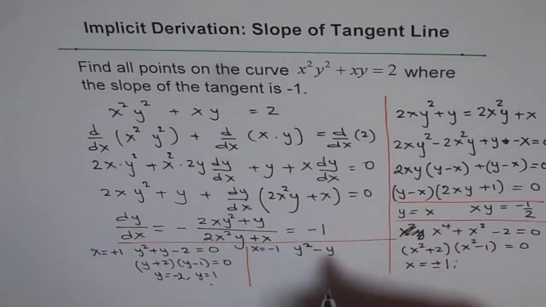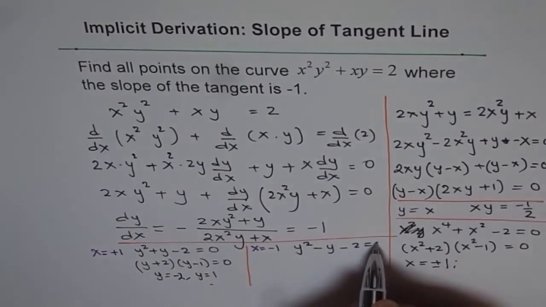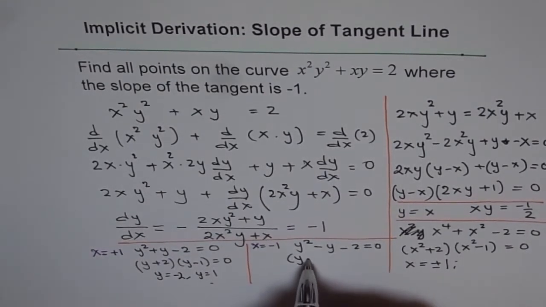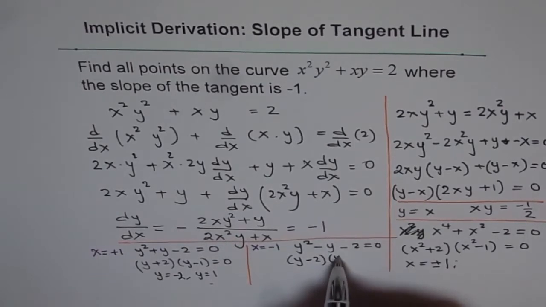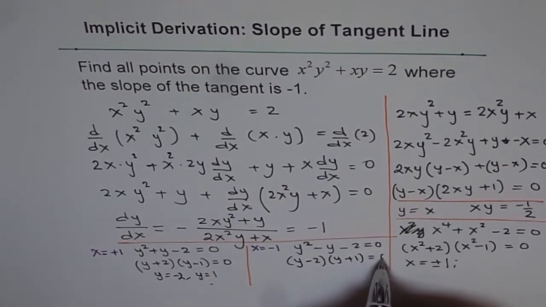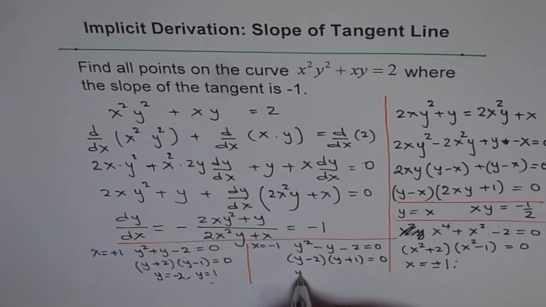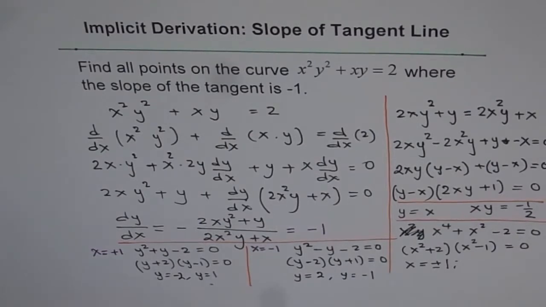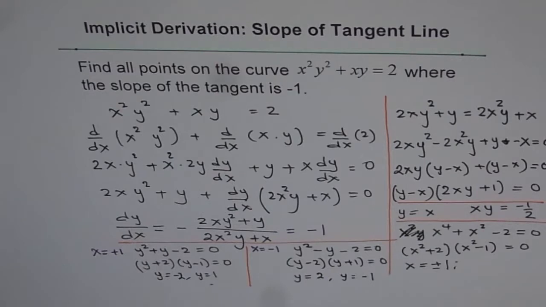I'll bring 2 on this side, so I'll write minus 2 equals 0. Now this will be factored as y minus 2 times y plus 1 equals 0. Now here I get the answer as y equals plus 2 or y equals minus 1. So these are the two different answers when x equals minus 1, right?